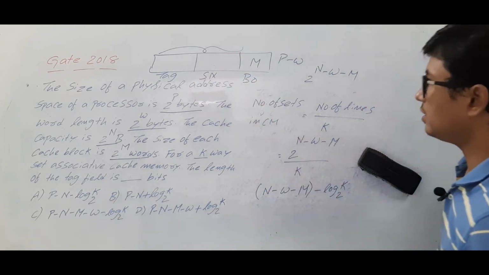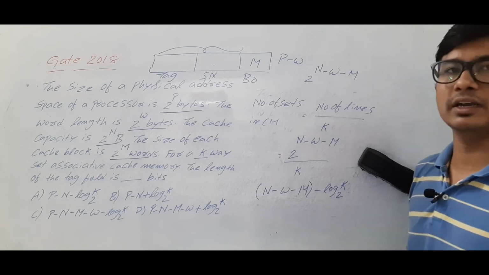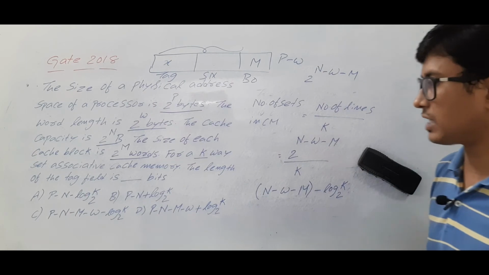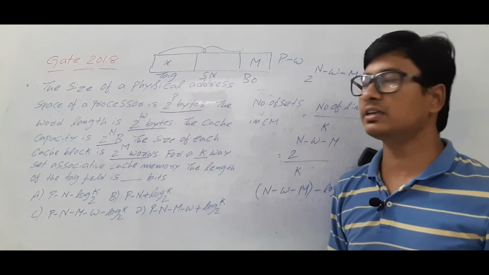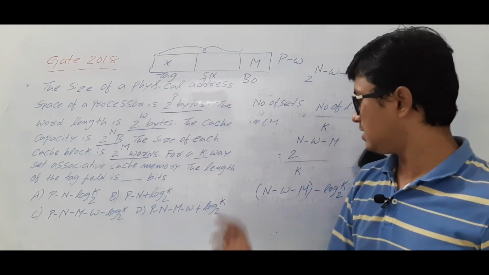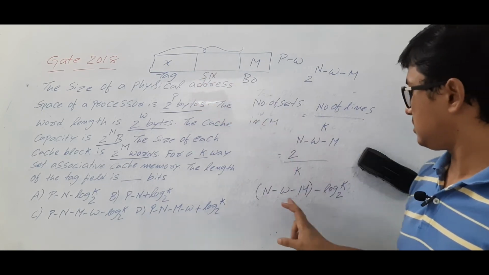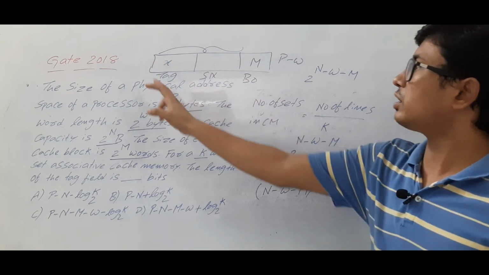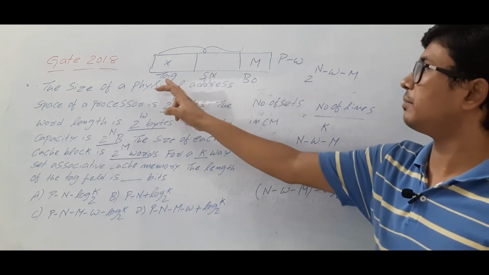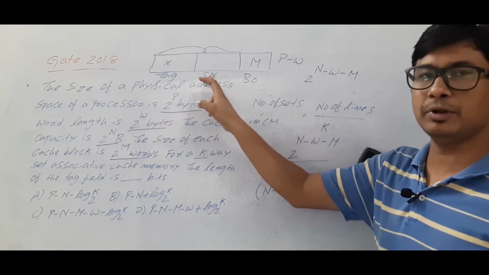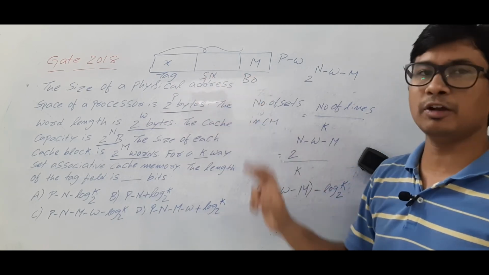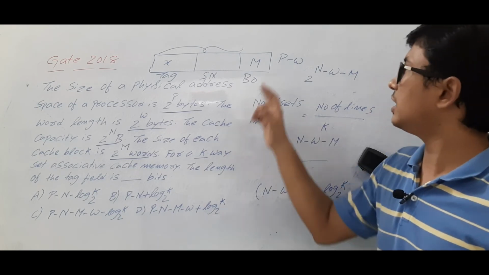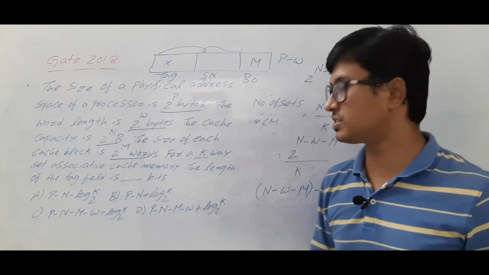Now they are asking us to calculate the tag field. So let's make the tag field x, because I need to find the number of bits in the tag and I do not know it, so let me call it x. And the block offset is m. Now the number of bits in the tag plus the number of bits in the set number plus the number of bits in the block offset is equal to the number of bits in the physical address. What is the total number of bits in the physical address?